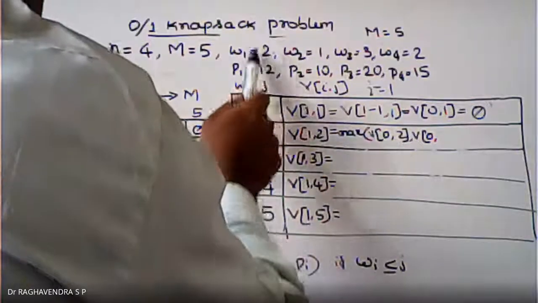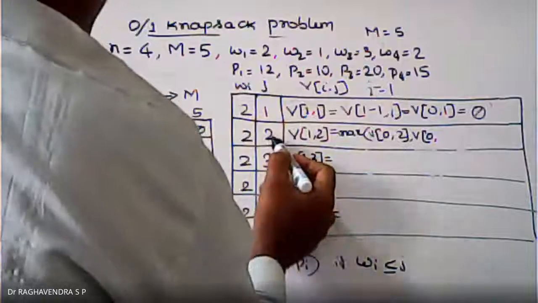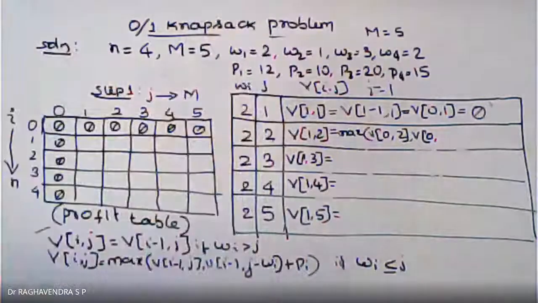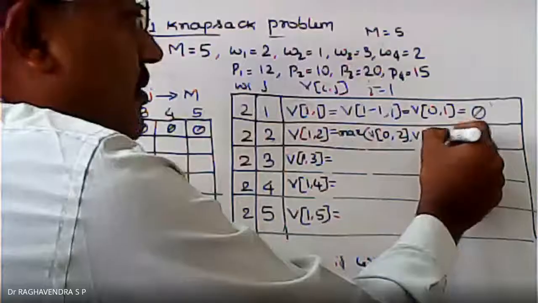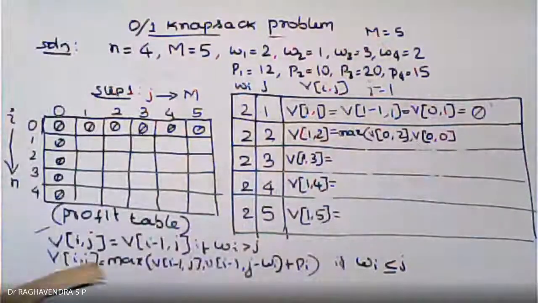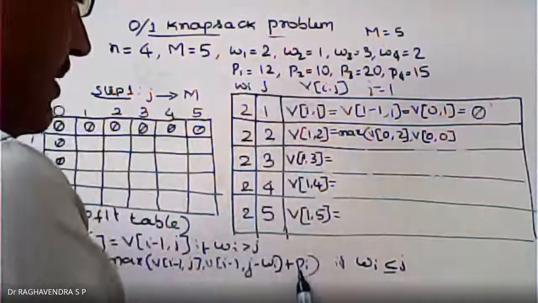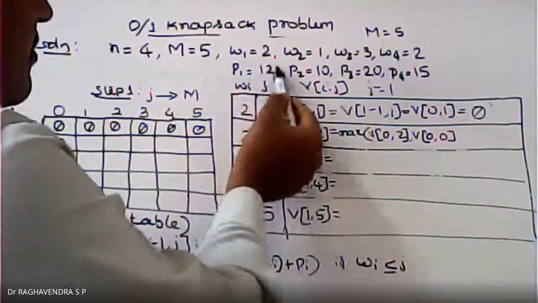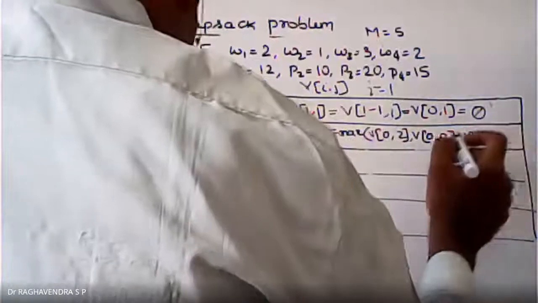What is the weight of item 1? 2 minus 2, zero. Plus the profit of item 1, PI. What is the profit? Plus 12.